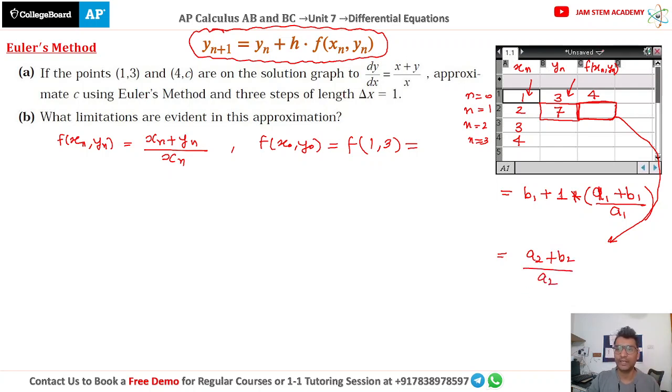When you enter this one, you will get the solution over here. I'm telling you each and every step, so please make sure that you get this. Once you do this, you will get this value as 4.5. That's it. You just need to find these two values using these formulas.